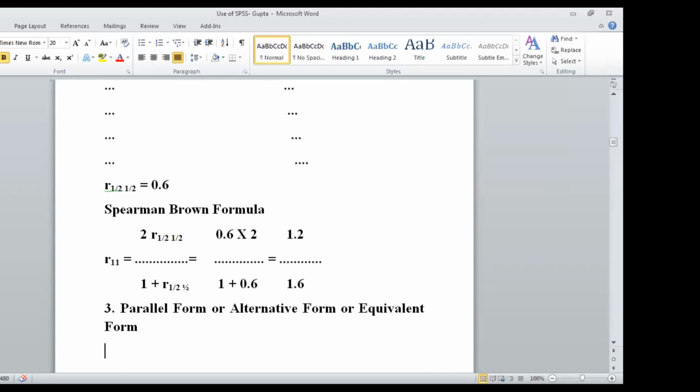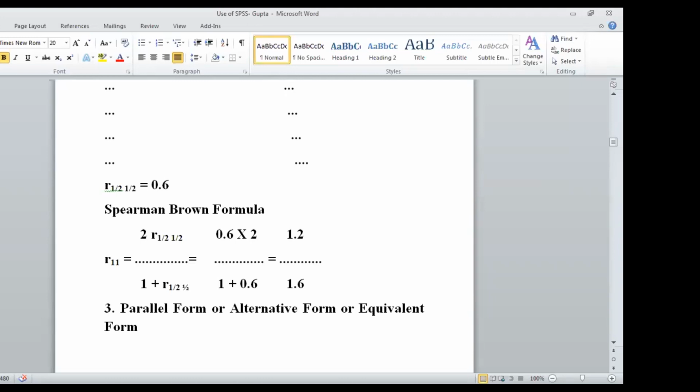So they have a large bank of items, and these items must be parallel. If they are not parallel, then sometimes the candidates may get the simple items, or sometimes they may get difficult items. And then people will go to the court and there will be litigation.